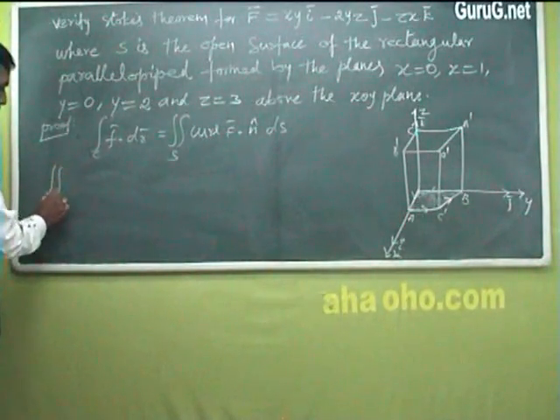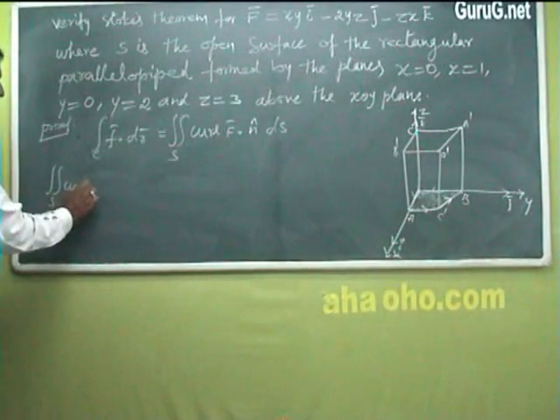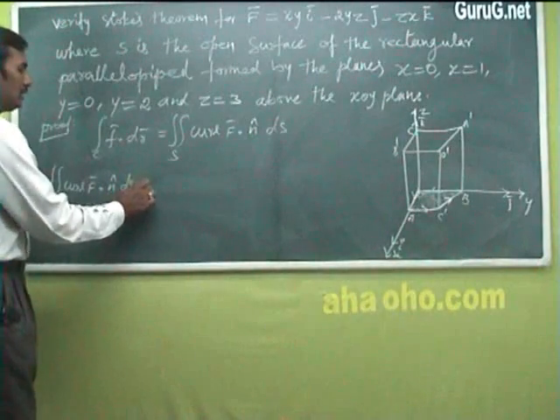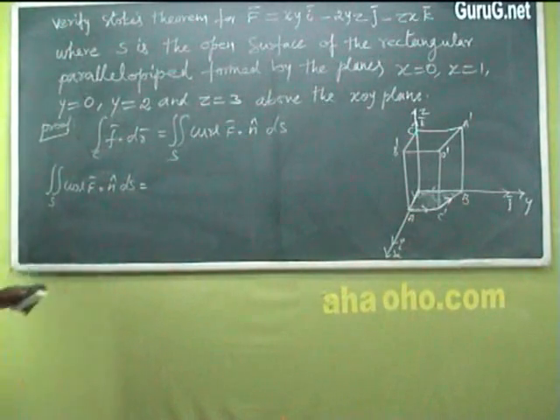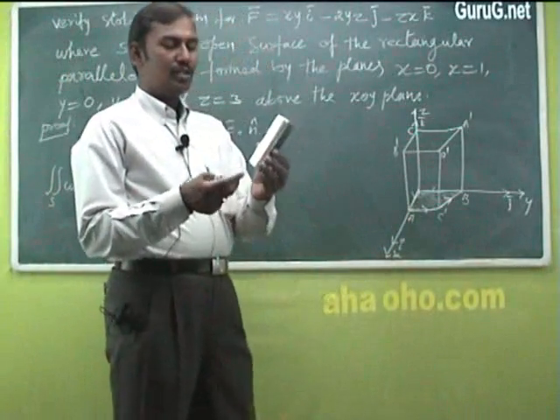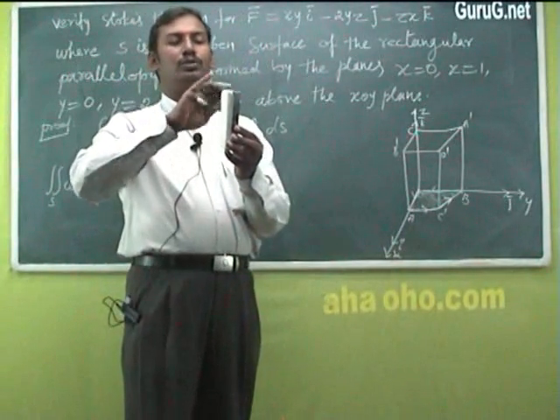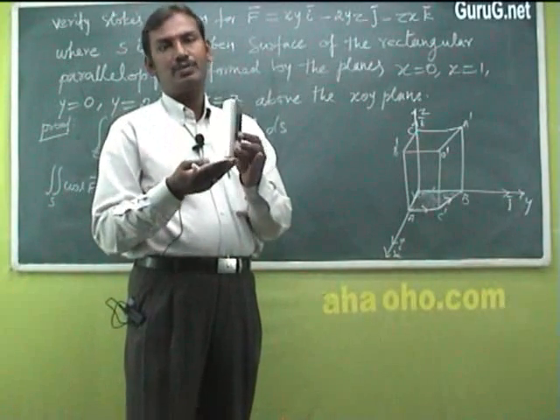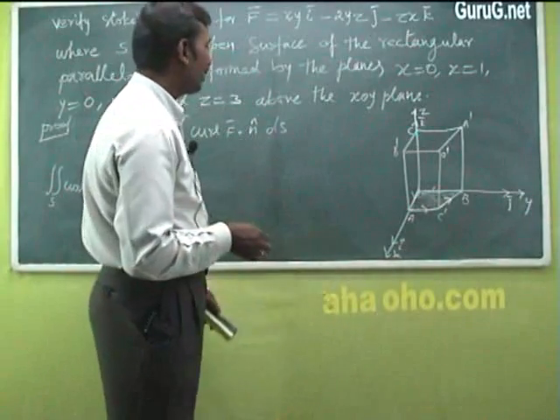Double integral over S curl of F dot n cap. What is S here? S is the surface. How many surfaces here? We have 5 surfaces, right? There is 1, 2, 3, 4 and then 5 top. The bottom one is open, right? So we have 5 surfaces.